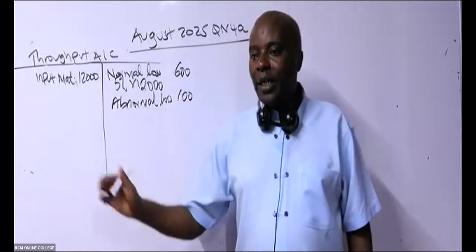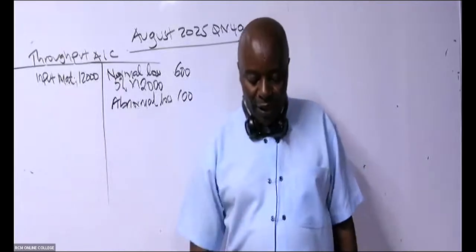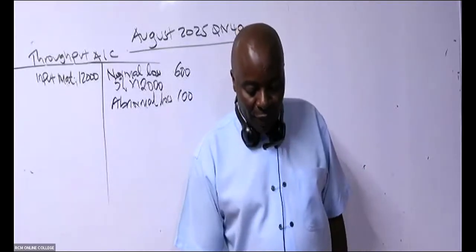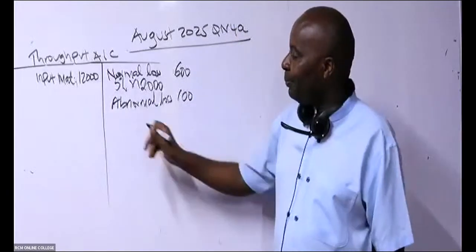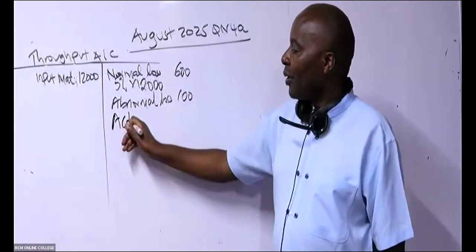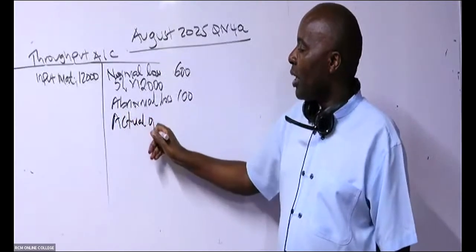If it was abnormal gain, it would have been on the left. Thank you so much. Ladies and gentlemen, after that, what else do we have there? They're giving us information. In note number 4, the completed production was 9,500. So actual production, 9,500. Call it actual output.